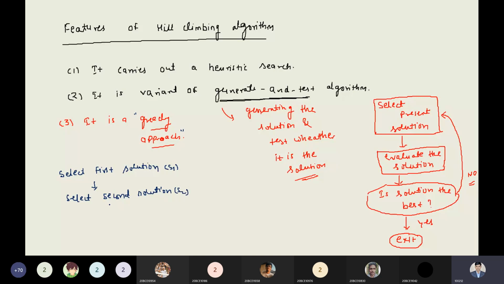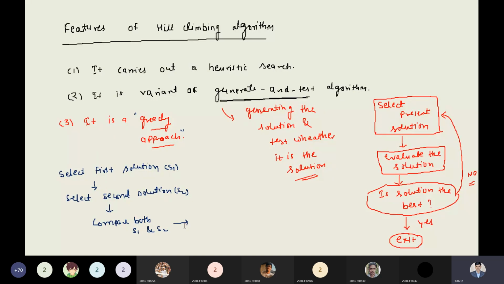So I'm trying to compare both solutions, S1 and S2.